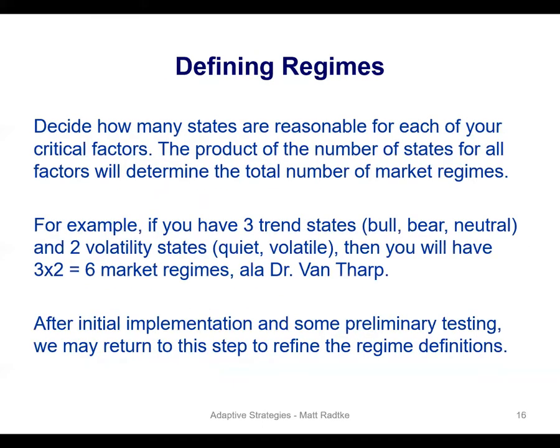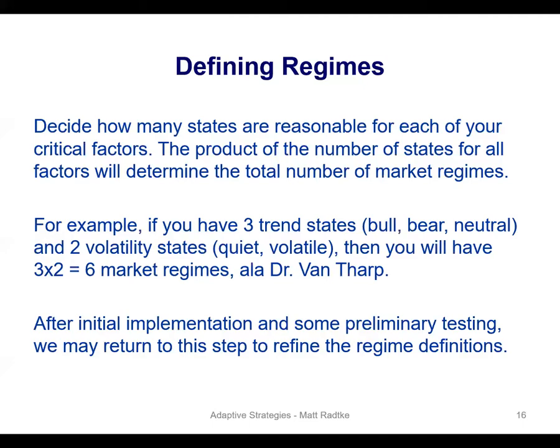All right, so you've got this idea now of how you're going to define your market, what kind of time frame you're looking at, what factors to look at within that market. The next thing to think about is how many different states do you want to define for each one of those factors?